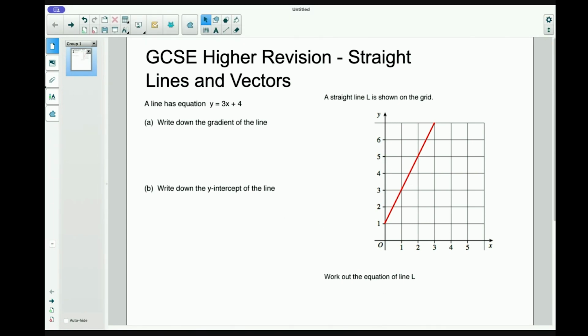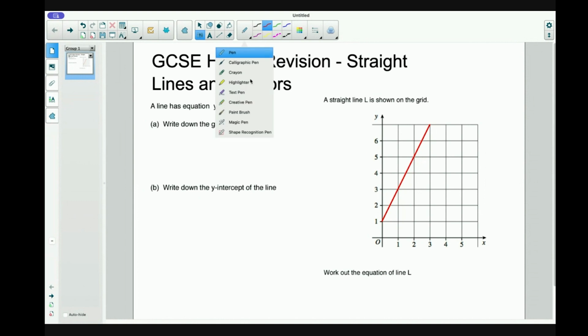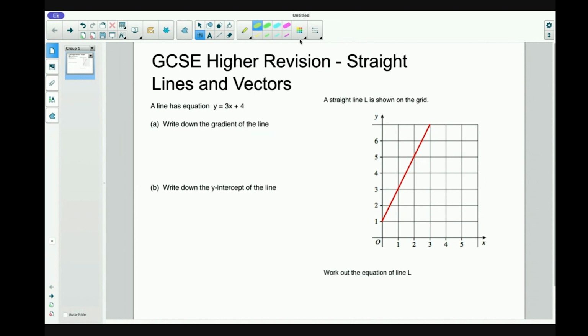Okay, so if we take a look at the first couple of starter questions that we have, let's go ahead and solve them. They're not too bad to start us off with. So we've got our equation here: y is equal to 3x plus 4. Our gradient, okay, and let me go ahead and write down our general equation for a straight line.